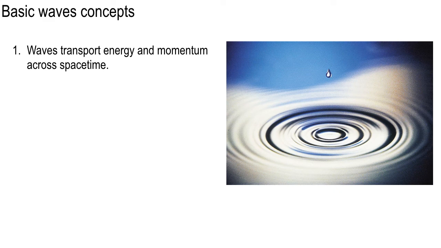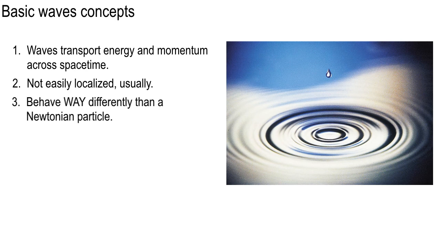They transport energy and momentum across space-time. Waves that hit the shore in Cocoa Beach may have been generated by some storm off the coast of West Africa. But it's not water from West Africa washing up on the beach as those waves crash. It's water from the Gulf Stream. But it's the energy from Africa that's propagated across the surface of the ocean that causes those breakers. So it's not easily localized.